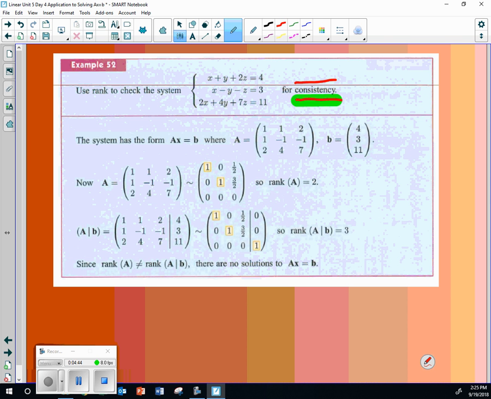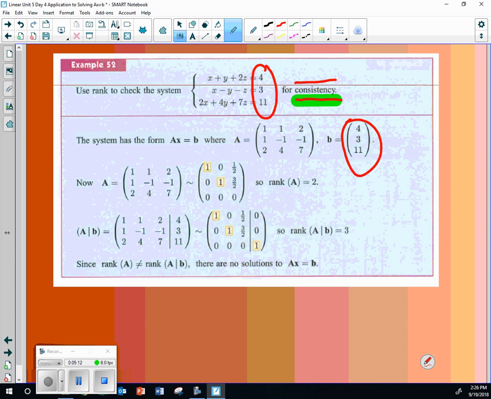So with this one, they're saying that if you have X, Y, Z, 1, 2, 1, 1, 2, 1, negative 1, negative 1, 2, 4, 7, B is going to be this column. And then what you'll do is put this in, well, they looked at the row rank, and you can do the row rank here and see that these will all be zeros.